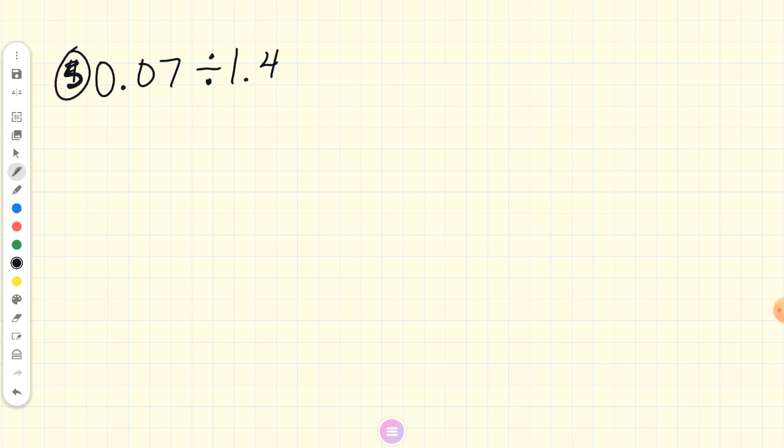This is a problem a lot of students don't like when they look at it. Why do they not like it when they look at it? Emma? Because they're both decimals. What do you notice about that first decimal compared to the second decimal? The second decimal has a whole number and the first decimal doesn't.